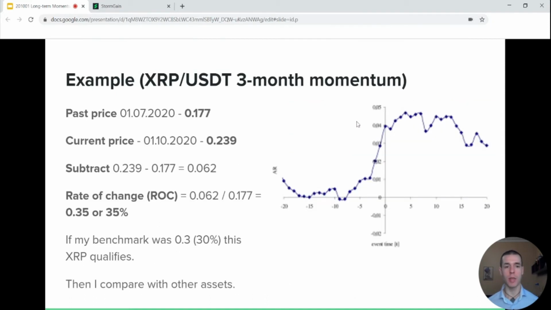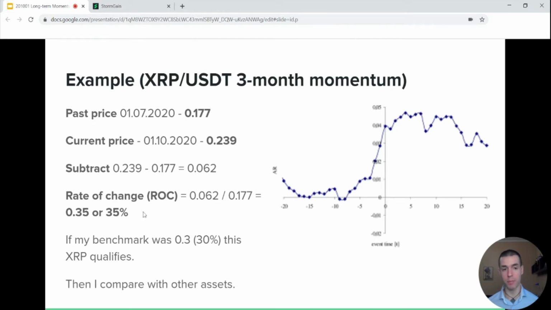So let's take a look at an example. Looking at XRP versus Tether to explore a 3-month momentum approach, we're getting the past price from the 1st of July 2020, exactly 3 months ago, and it's 0.177. The current price from the 1st of October 2020 is 0.239.